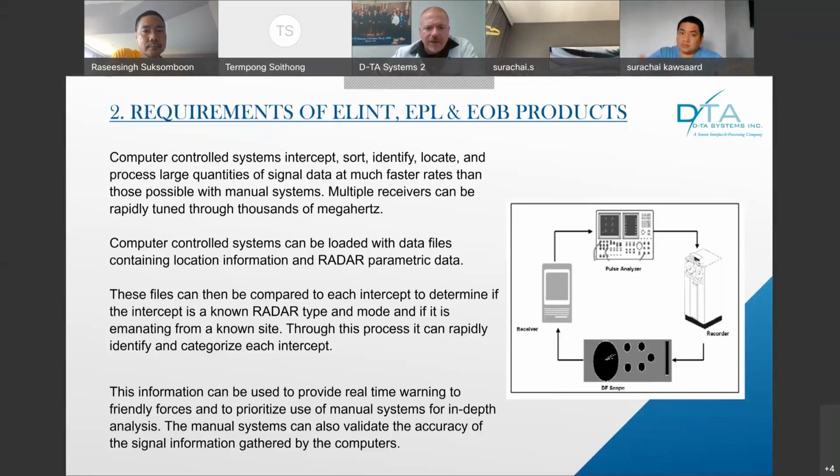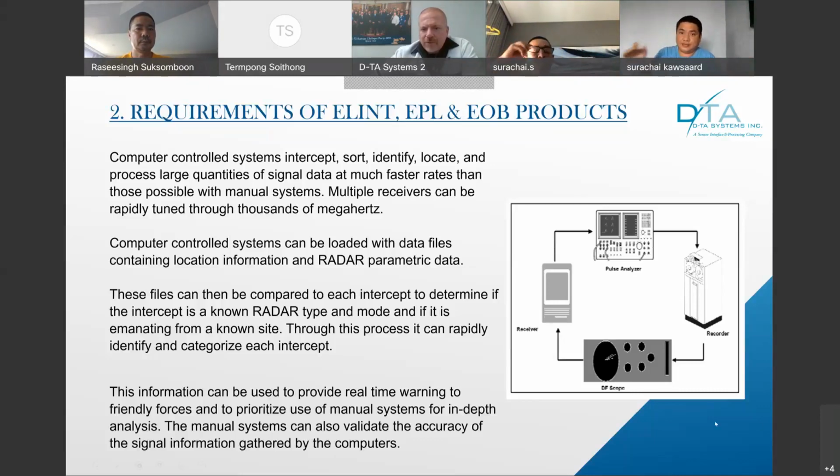Through this process, it can rapidly identify and categorize each intercept. This information can be used to provide real-time warning to friendly forces and to prioritize use of manual systems for in-depth analysis. The manual systems can also validate the accuracy of the signal information gathered by the computers.